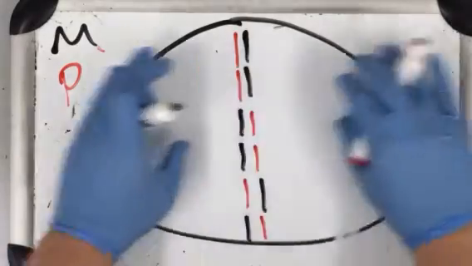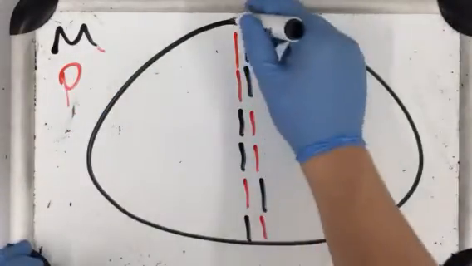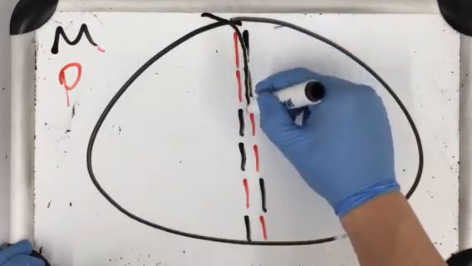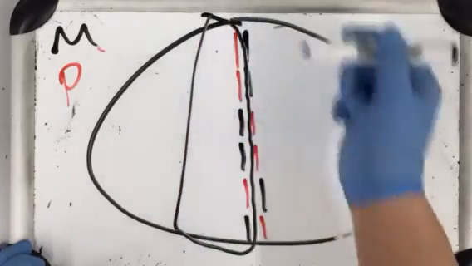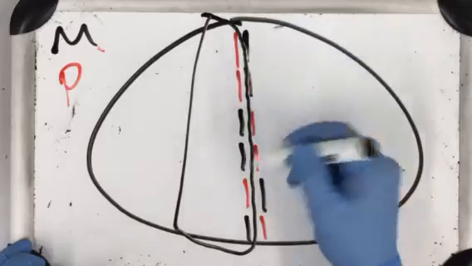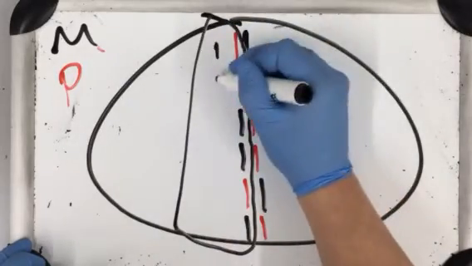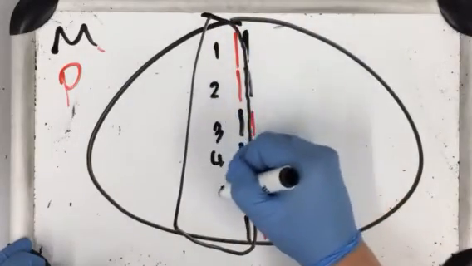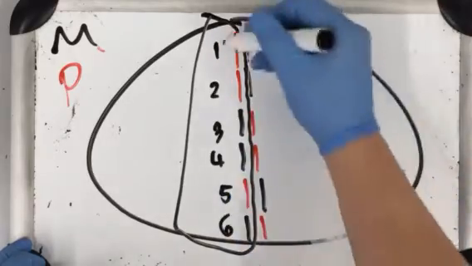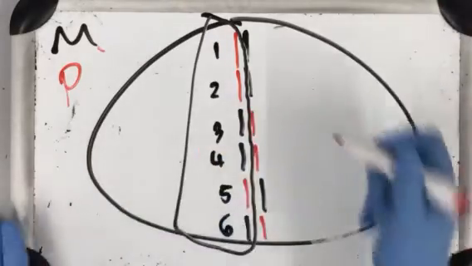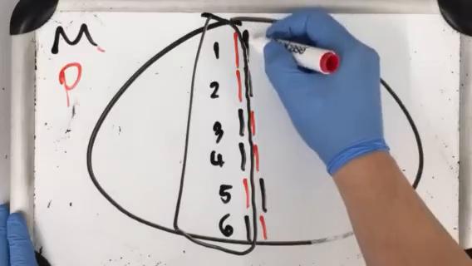So when these are split from each other, this cell is going to have these chromosomes, so it would have 1, 2, 3 from the paternal. Let's call this chromosome 1, 2, 3, 4, 5, 6. And these are like the actual chromosome numbers. But then this cell over here is going to have these copies.